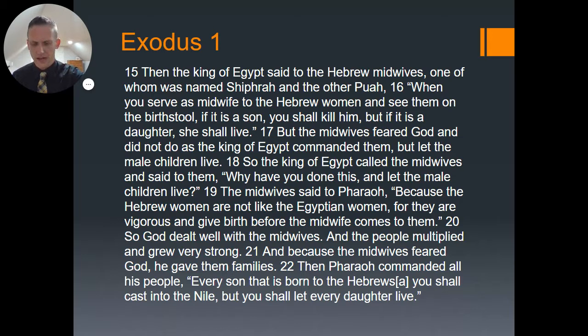So how long is this order in place? We don't really know, or at least I don't know. But there's never any statement of, well, the Israelites ran short of men. It just doesn't happen. Now we're going to see in chapter 2, I think it must last at least 3 months, or probably at least a year.